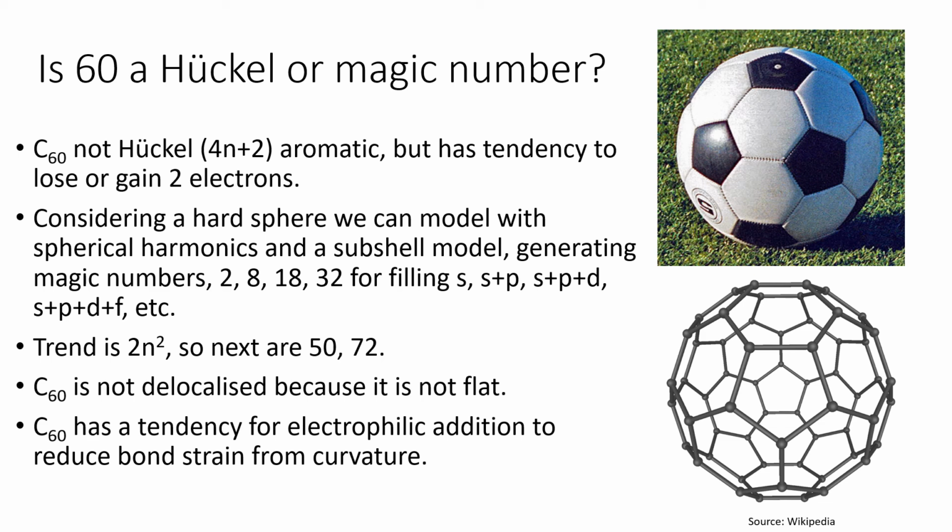And actually you can see this a bit in the chemistry, because there is some tendency for addition to occur to those C-C double bonds. And of course you don't really expect addition to occur in aromatic systems, because they're trying to preserve their aromaticity.